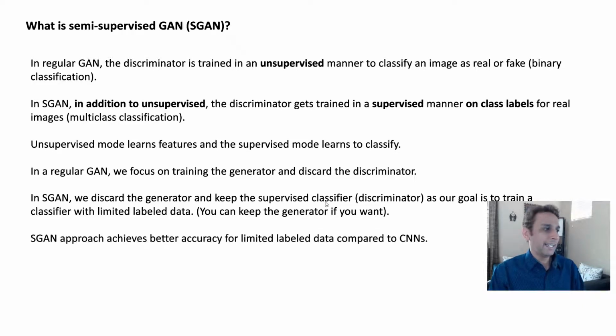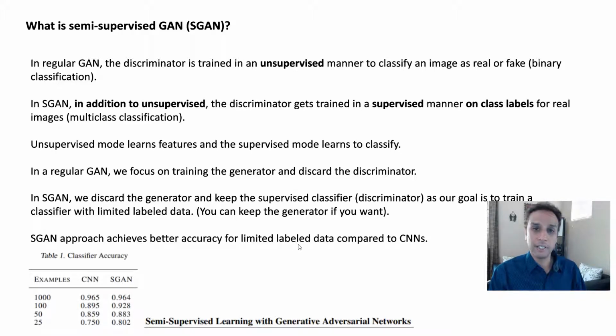Okay, and the SGAN approach achieves better accuracy for limited labeled data compared to CNNs. This is not a statement I'm making out of nowhere. Go to this paper called Semi-Supervised Learning with GANs, and they actually published, for example, if you look down here, a CNN approach versus an SGAN approach with only 25 images.